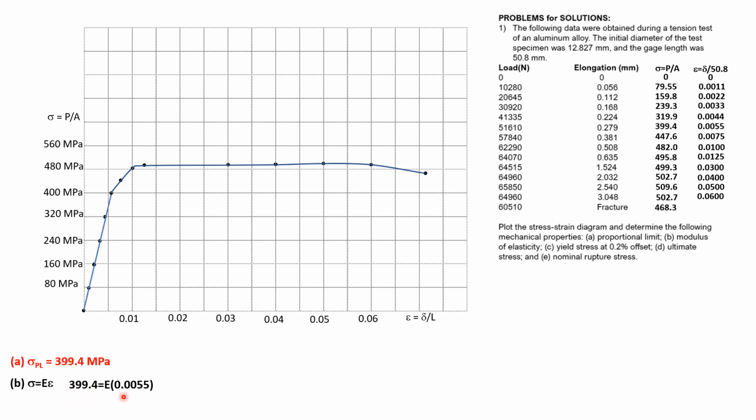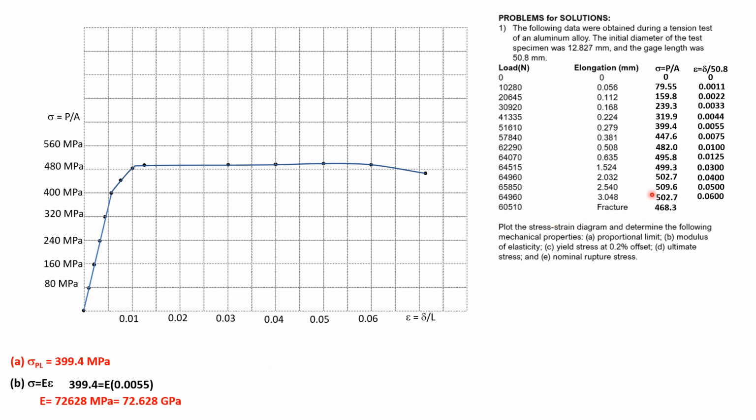Therefore, modulus of elasticity is 399.4 megapascals divided by 0.0055. That would be 72,628 megapascals. Then usually modulus of elasticity is in gigapascals, so dividing by 1000, we have 72.628 gigapascals as modulus of elasticity.